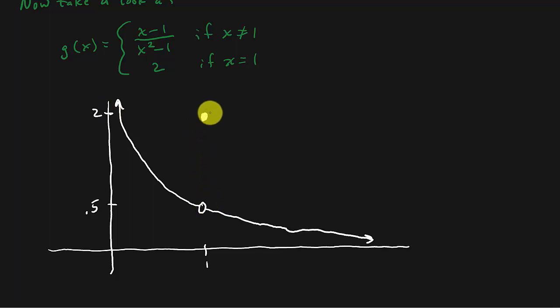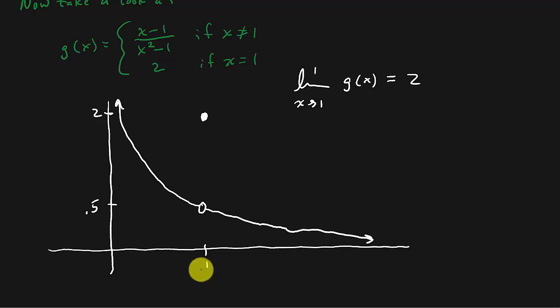Now, if we took the limit as x approaches 1 of g of x, some of you, just looking at this, may say, well, it's 2, because that's the y value. But understand that when we're finding limits, it's not the y value at 1. It's not the y value when x equals 1.